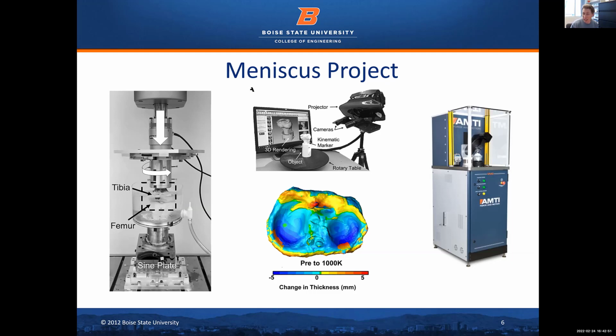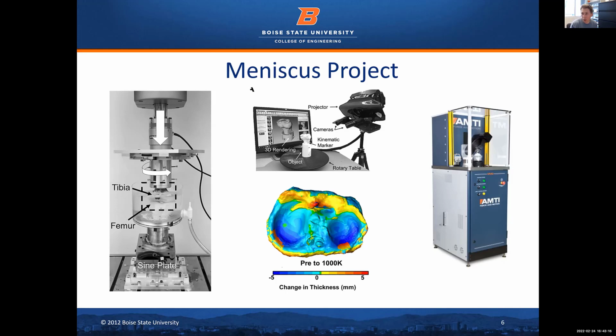We do that for about 1 million cycles to see what happens over time. We've then developed visualization methods to look at how that tissue gets worn over time with lots of cycles. Our ultimate goal is to be able to identify activities that are high risk for injury, as well as activities that are very safe.